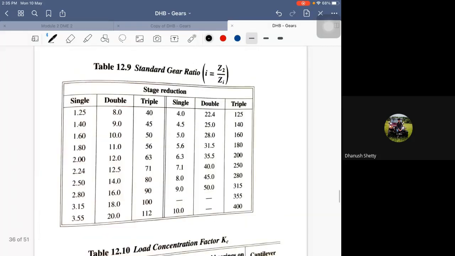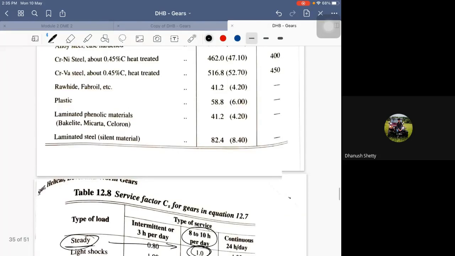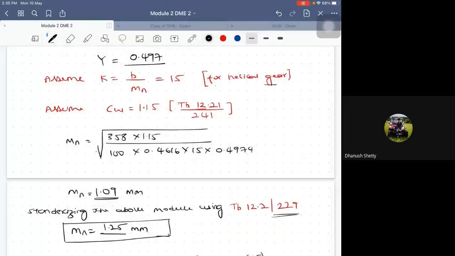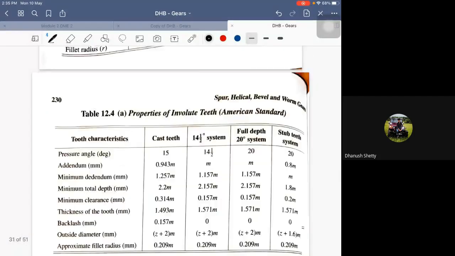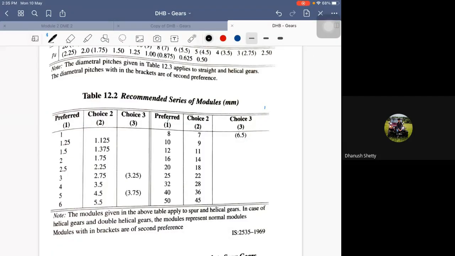Why is there a confusion again in picking up the module? What was the page number to select it? 229. You have 1.25, no? You can take 1.25. Why are you taking 1.5 unnecessarily? You have an option of 1.25, which is preferred in the first column itself, then what is making you think to take the value of 1.5?